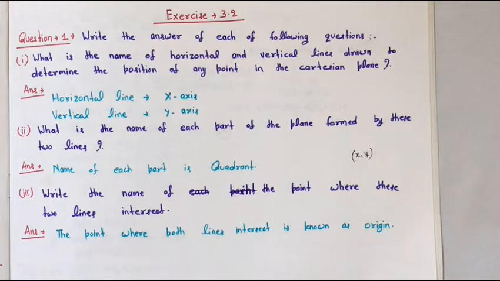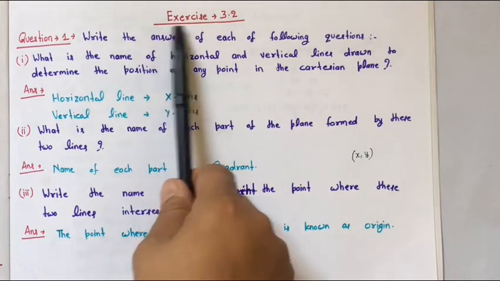Okay, it means that the point related to the x-axis is known as abscissa and the point related to the y-axis is known as ordinate. Okay, now we are going to start our exercise 3.2.